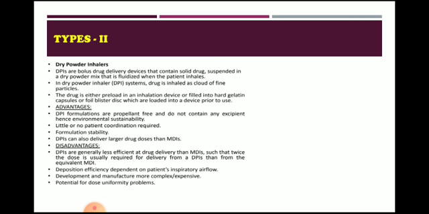The drug is filled into a hard gelatin capsule or a foil blister disc, which is loaded into the device prior to the dose. There are certain advantages: propellant free, does not contain any excipient, and there is little or no patient coordination. Formulation stability is there. This method can deliver larger drug doses than the previous one.